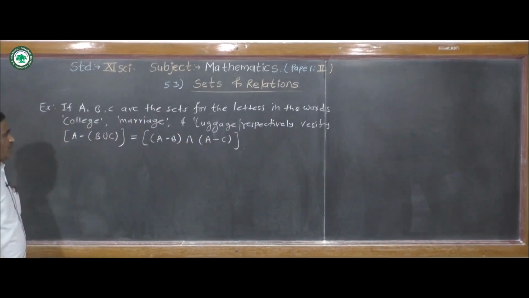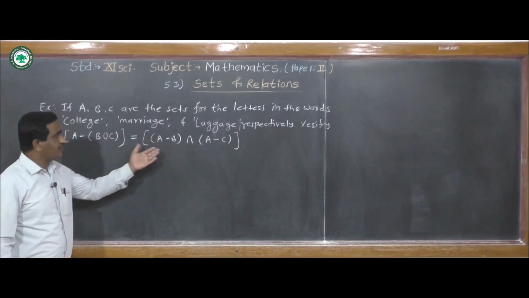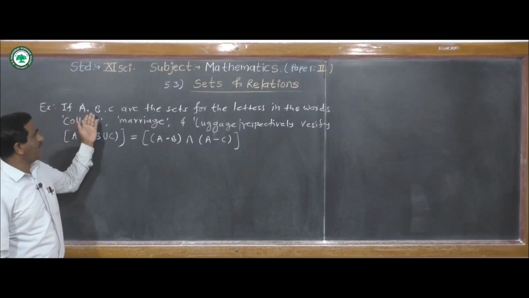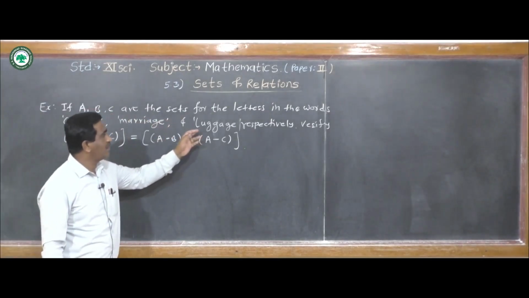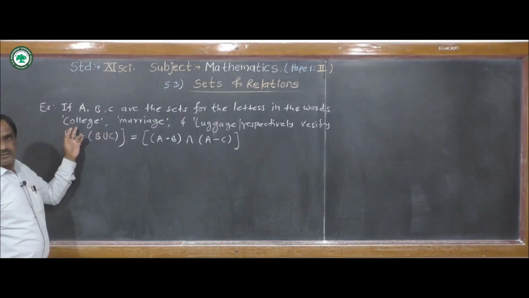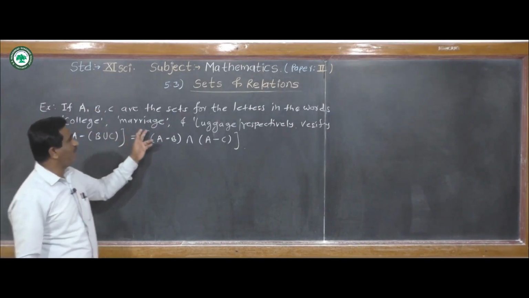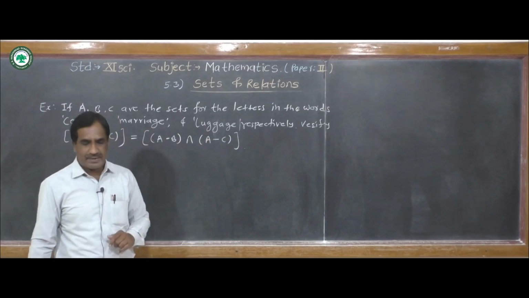Now we have to verify this result. We are given that A, B, C are the sets of the letters of the words college, marriage, luggage respectively.